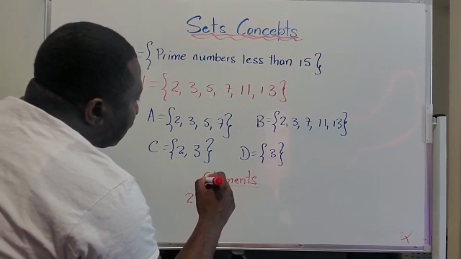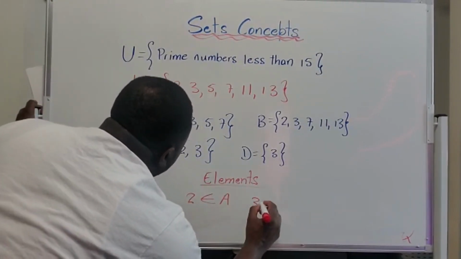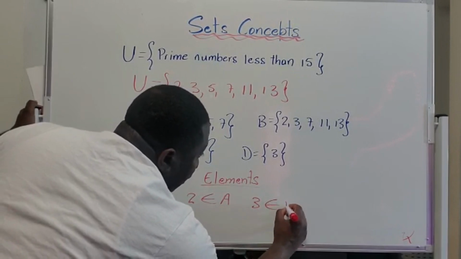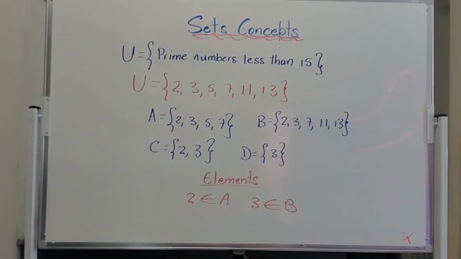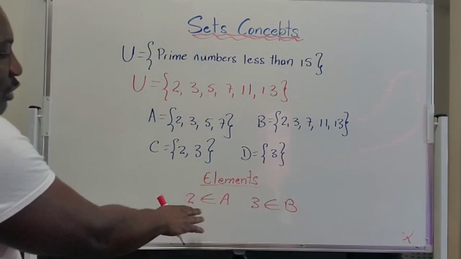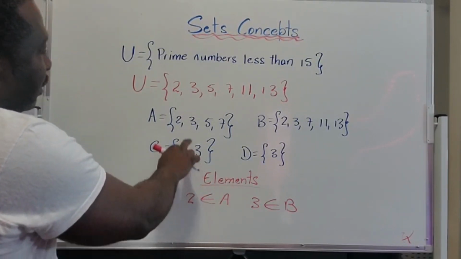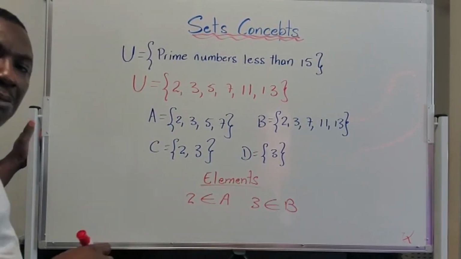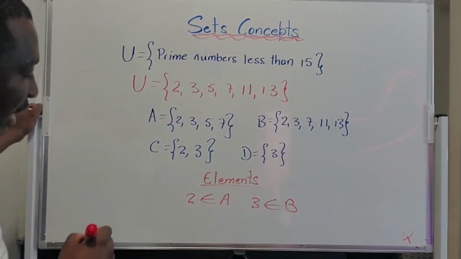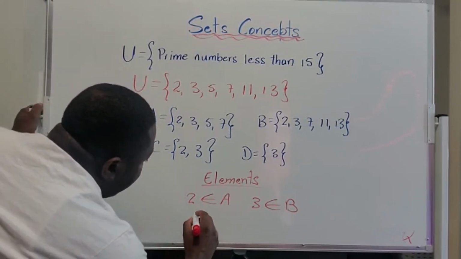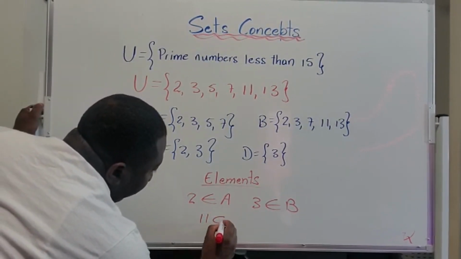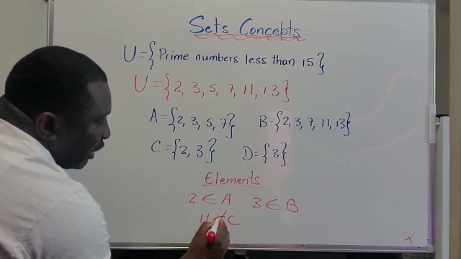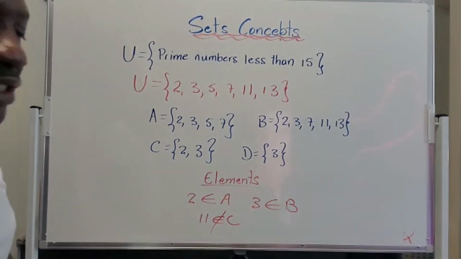Likewise, I could also say that 3 is an element of set B. In other words, 2 is in set A, 3 is also in set B. But what if it is not an element? For example here, 11 is not an element of set C.